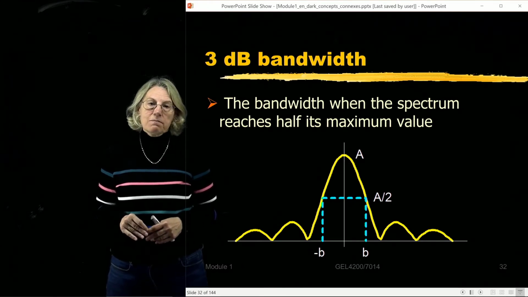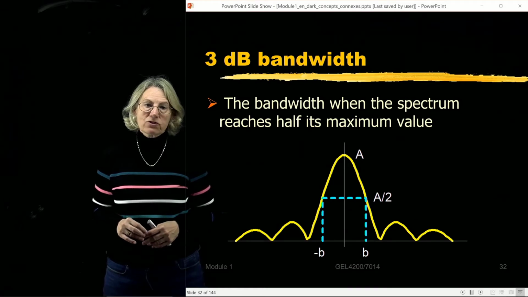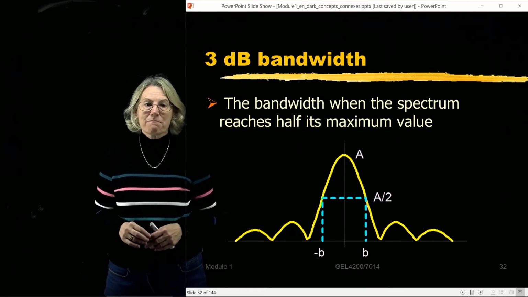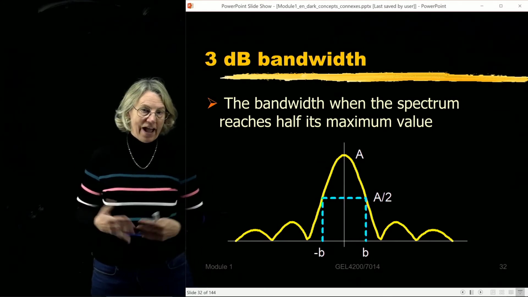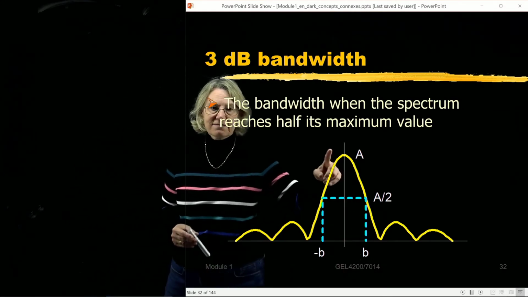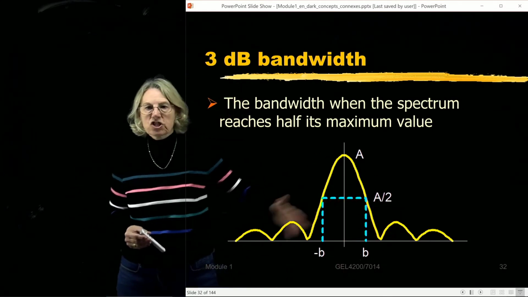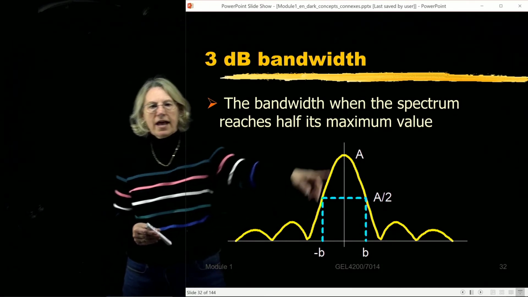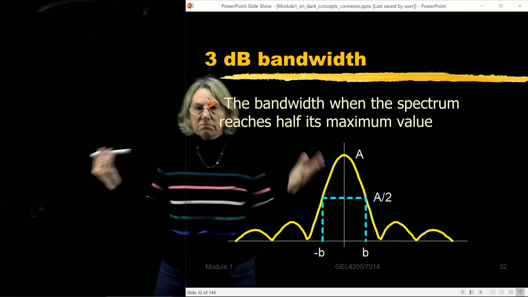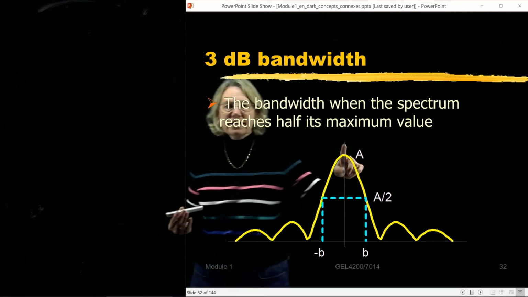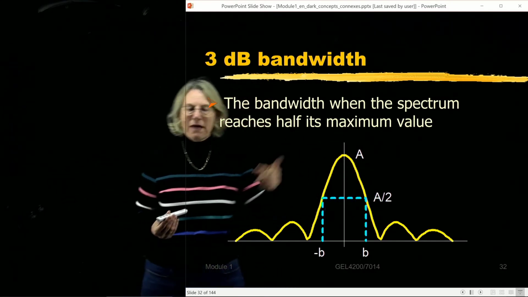So let's look at the 3 dB bandwidth definition. This is the bandwidth when the spectrum reaches half of its maximum value, and typically the maximum value occurs at DC. For instance, here we have a sinc function again, and it has a maximum value at DC of A, and it rolls off at some speed, and at a certain point it gets to half its magnitude.